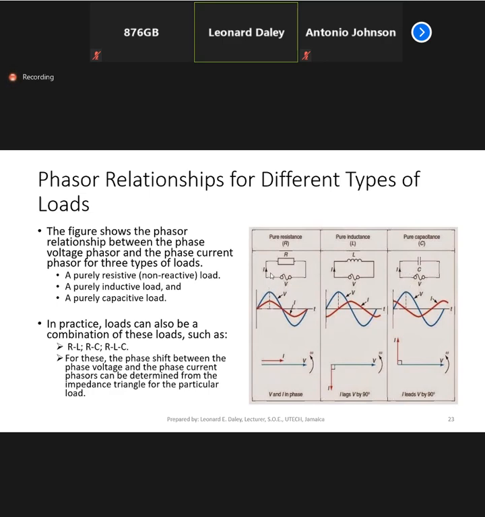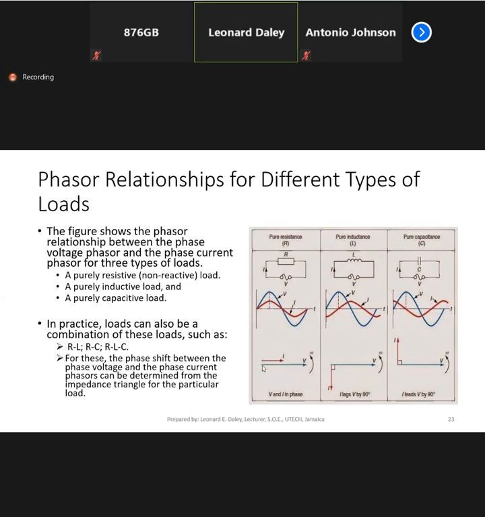If you connect an AC voltage across those loads, you will have the voltage waveform shown here in blue and the current in red. For a purely resistive load, the voltage and current are in phase: they cross the horizontal axis at the same points and peak at the same point.